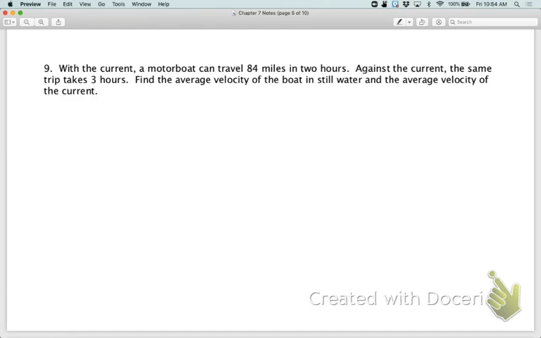Find the average velocity of the boat in still water and the average velocity of the current. So I want you to define your variables, because that's the most important part, and then see if you can come up with your system there. Go ahead and put the video on pause, and I'll give you just 3 seconds before I show you the information.